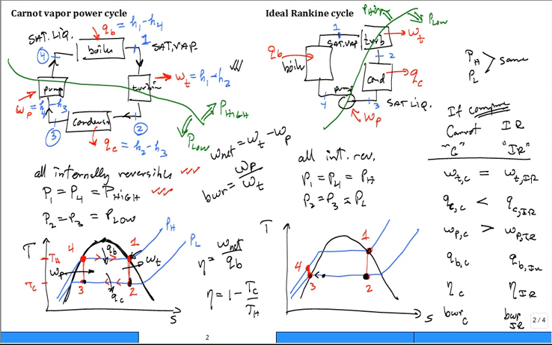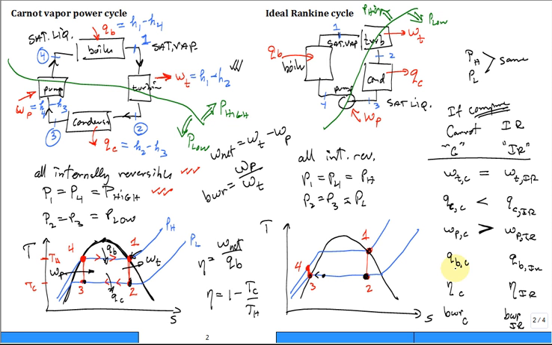And that's the beauty of the Rankine. It takes a lot less energy to boost liquid water, the same pressure difference, versus vapor. Superheated vapor or saturated vapor, the same pressure boost. It's very expensive to boost the pressure of vapor because it's compressible, and liquid's essentially incompressible.